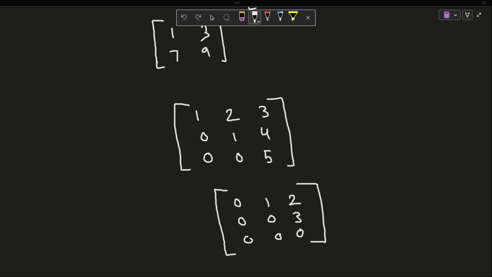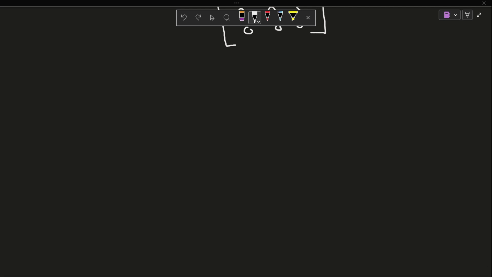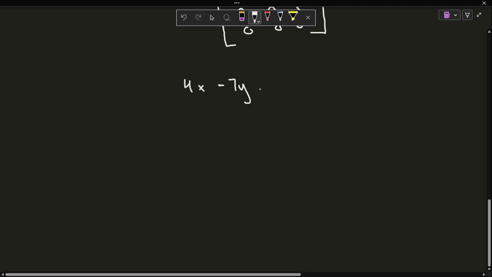So let's move on to linear systems, which is going to be actually a pretty big portion of what we're going to study here in linear algebra. So linear systems, let's say we have a very annoying system of equations like 4x minus 7y plus 13z is going to equal 562.